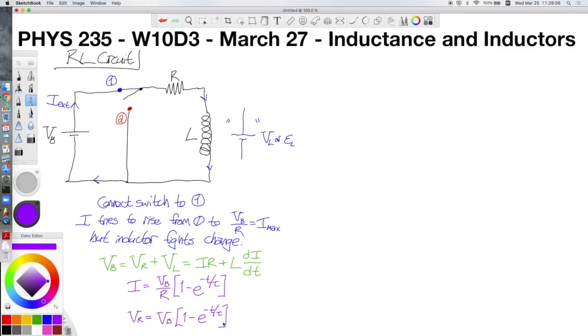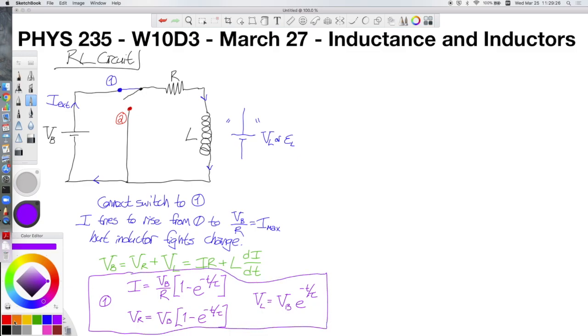And then we could find the voltage across the inductor by literally taking a derivative of the formula for the current in the circuit. So voltage across the inductor is then the voltage across the battery times e to the negative t over tau. So when we're in situation 1, these are the equations that we have.